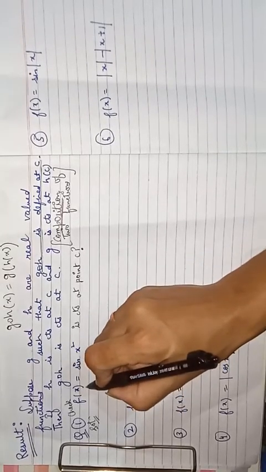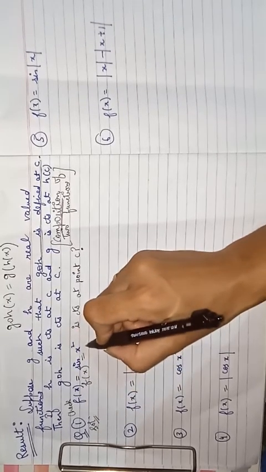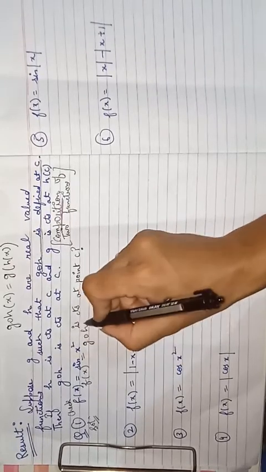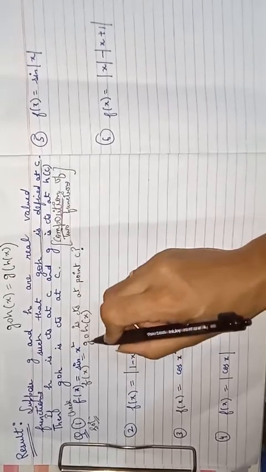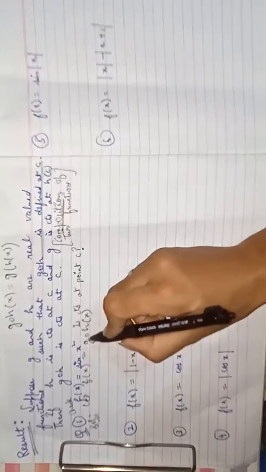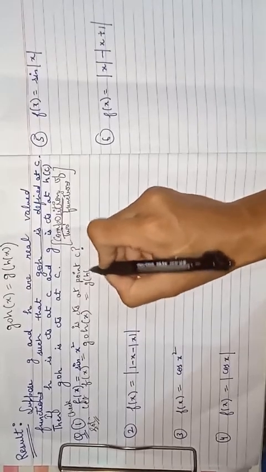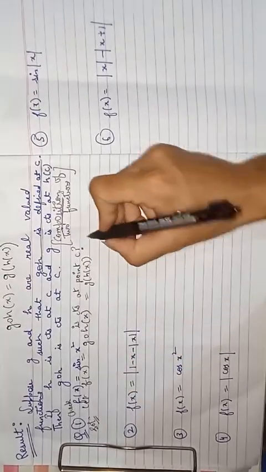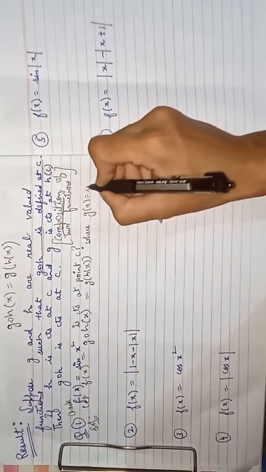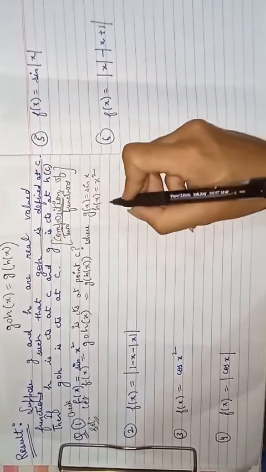So I can take f of x as GOH of x. I can say that let f of x be GOH. This GOH means g of h of x, where g of x is sin x and h of x is x square, right?